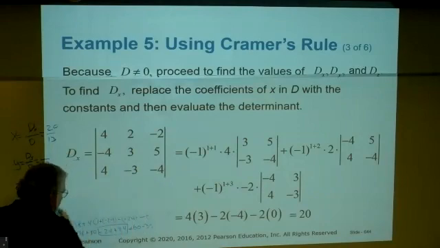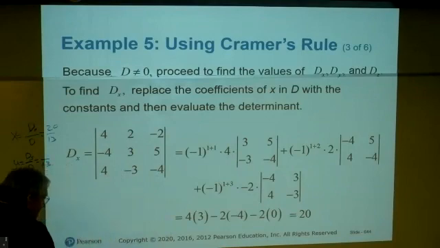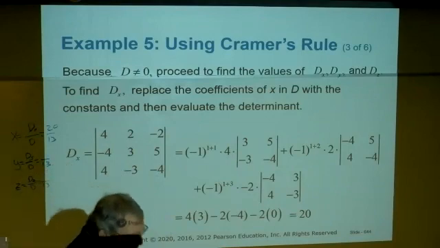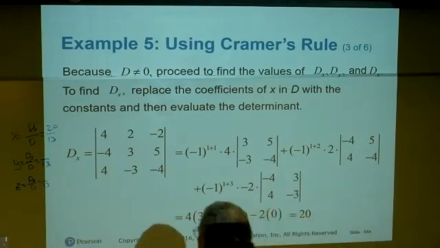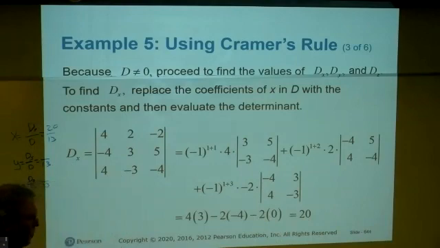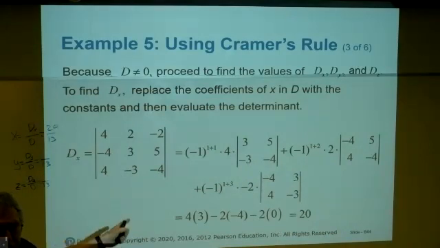And the reason I want you, if you're using this method or either method, please show all the operations you're doing. So if you wind up getting an incorrect number, I want to know why. So I can see, is it an arithmetic error or is it a systemic error?